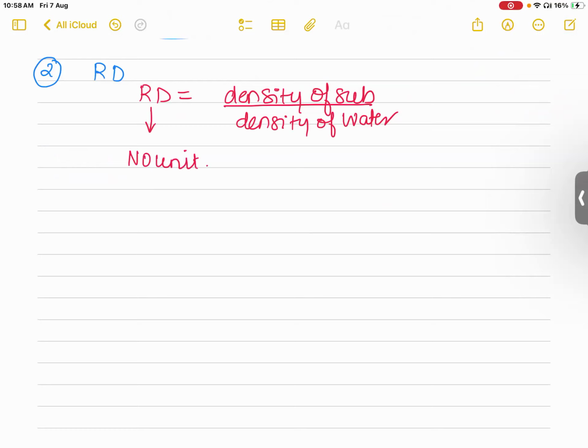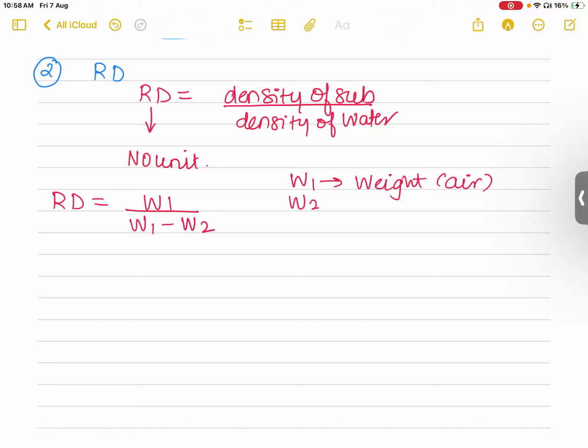Okay, kids. The second formula which we have is RD is equal to W1 upon W1 minus W2, where W1 represents the weight of the object in air, and W2 represents the weight of the object in water.